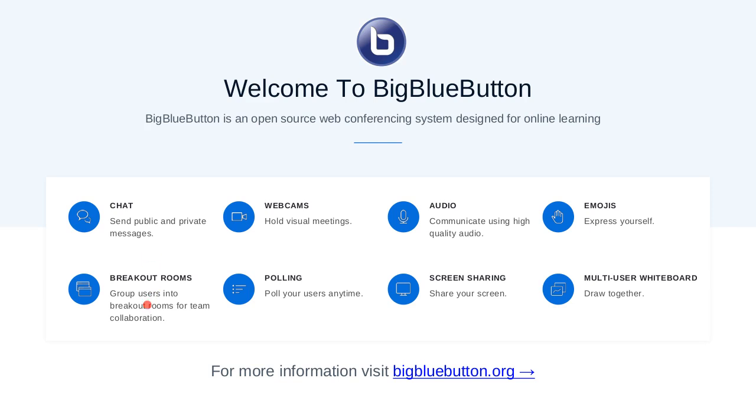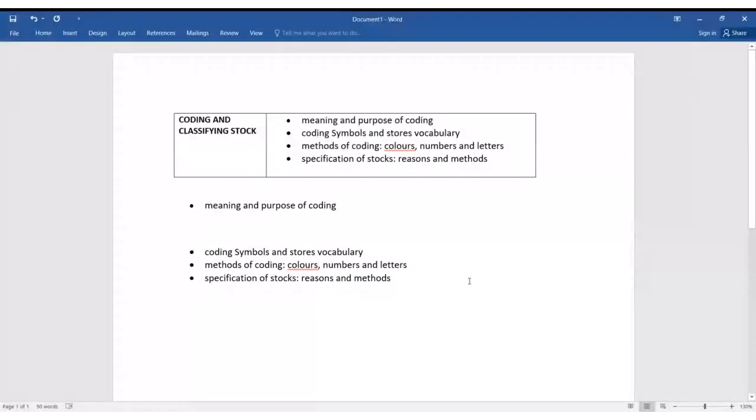The outline related to this particular topic is as follows. As you can see from the shared application window, it shows coding and classification of stocks.